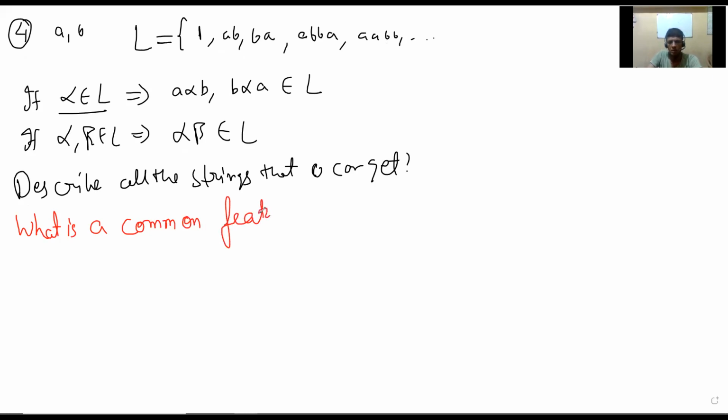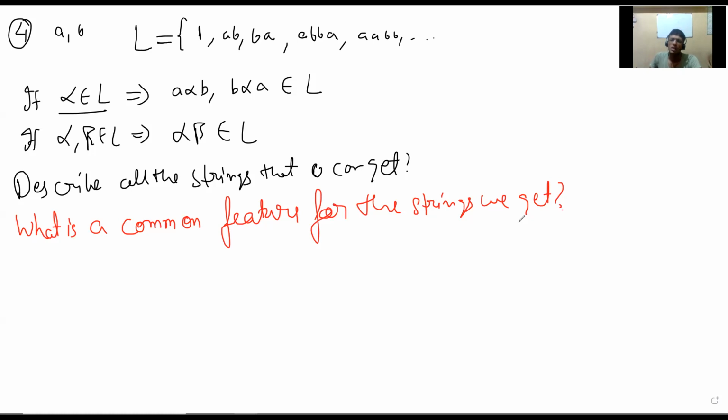So what is a common feature? You see, every time there is a reflexive nature.